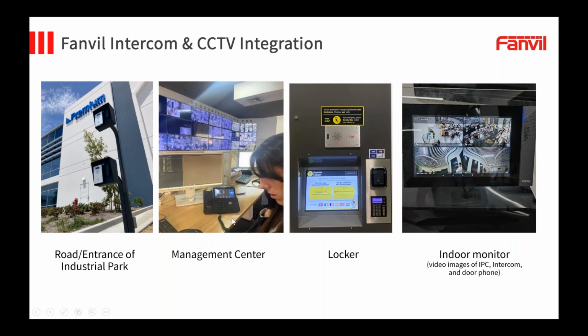And for the video previewing function, the Fanvil X7 IP phones were applied to management centers. And also, just like the picture shows here, you can see a clear image of your door phones and intercoms.